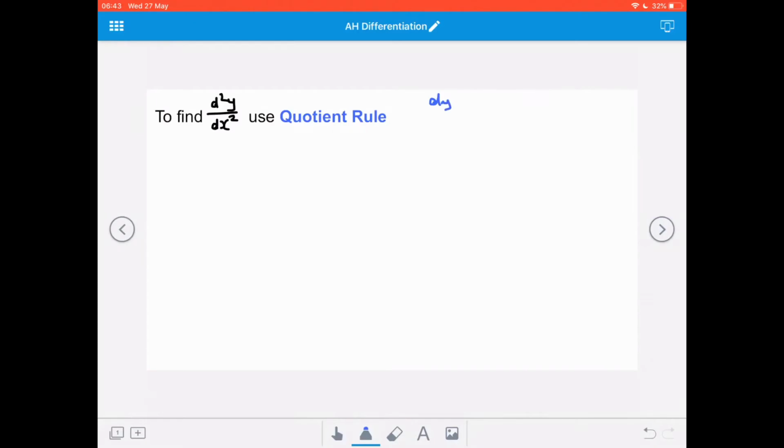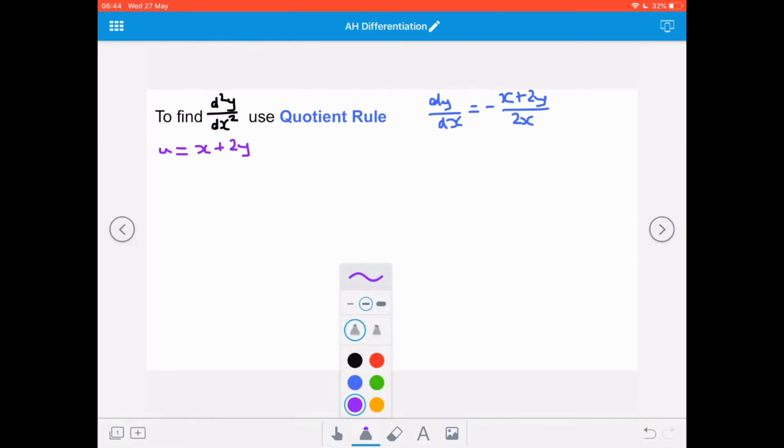Now in order to find the second derivative, I'm going to use the quotient rule. So bringing my first derivative from the previous slide, I had dy by dx equals negative x plus 2y all over 2x. So to use the quotient rule, I need to identify u, and I'm going to let u be x plus 2y, and I'm going to take the negative with my v and make v negative 2x.